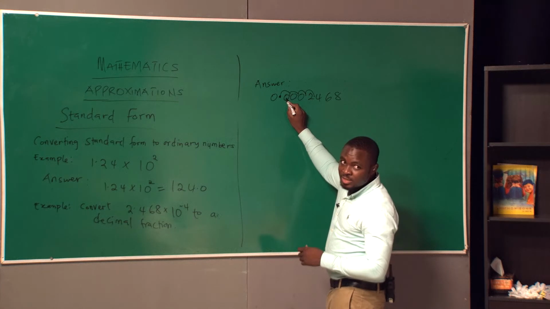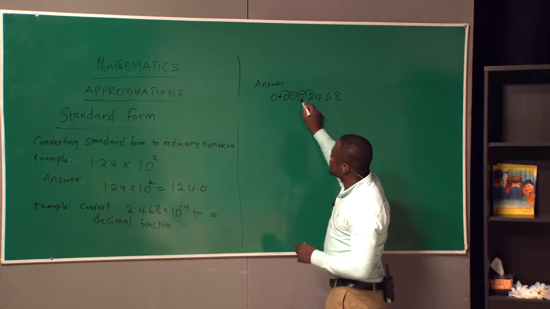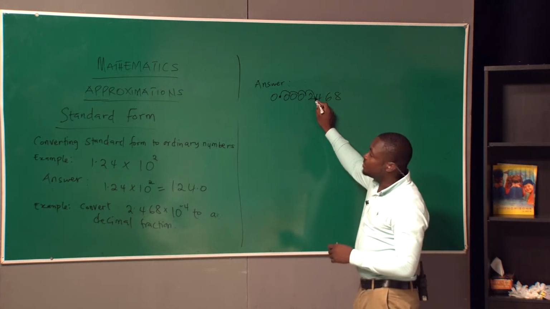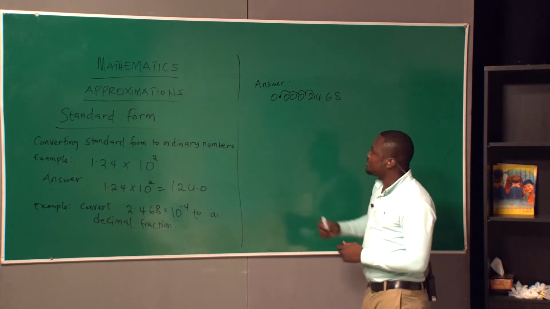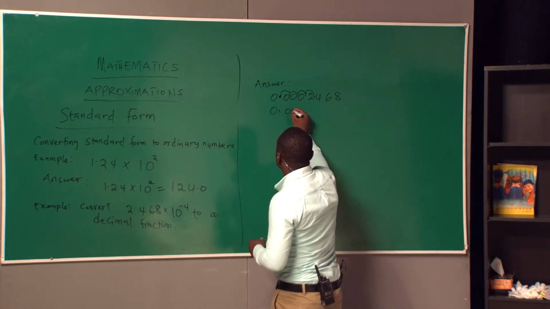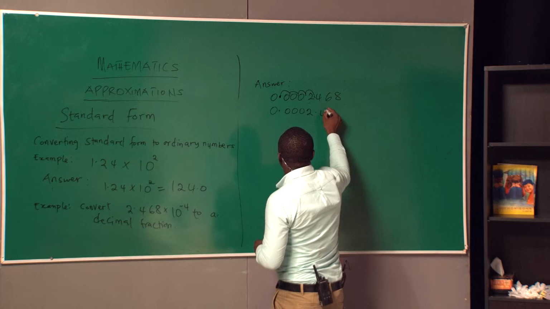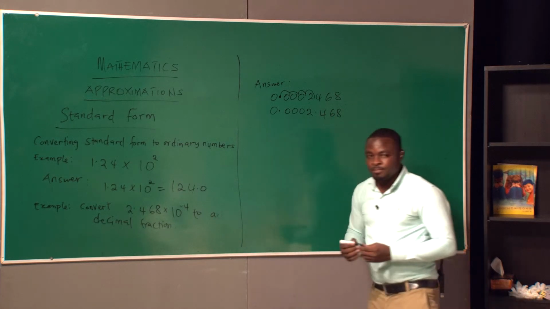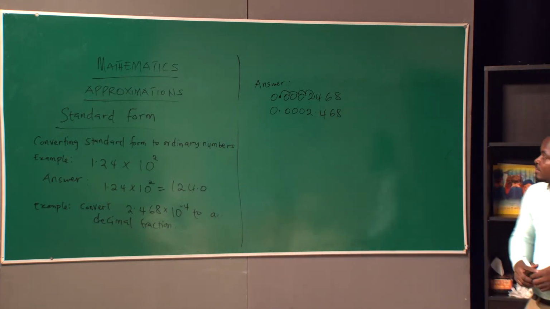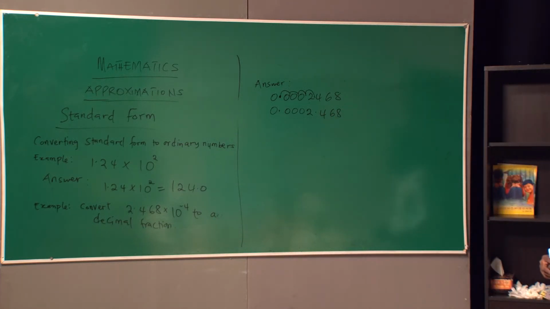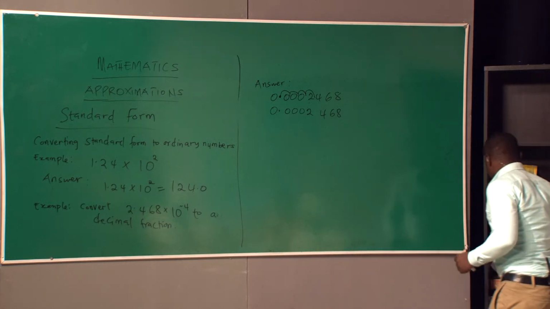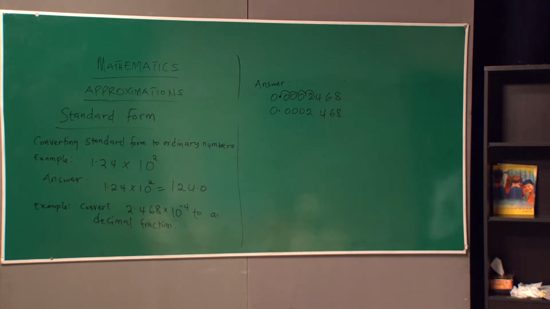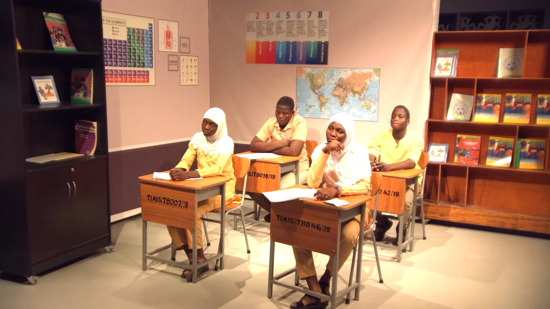So you see there's a 0, there's a 0, there's a 0 before the point. If you count 1, 2, 3, 4, that is why we are having 0.0002468. The point should not come there. That's good, Asifa. Any further questions? All right. So you take this.